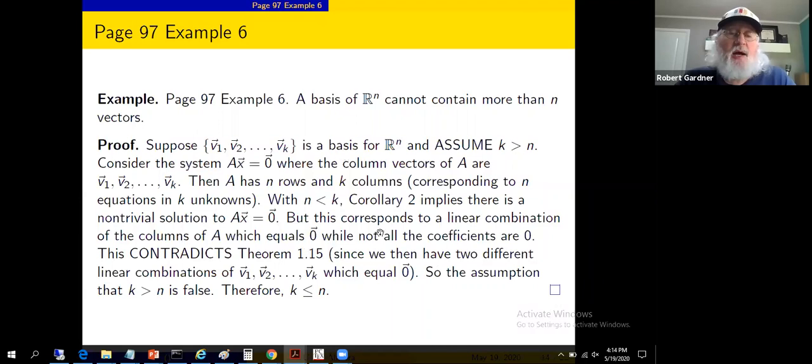This contradiction tells you that the assumption that k is greater than n is false, and so we must have the negation: k is less than or equal to n, cannot be more than. So this gives us a constraint on the size of a basis of Rn. It can't be more than n. As we'll see, it's going to be exactly n. We haven't defined dimension yet, but we're getting there. Chapter 2 thing.